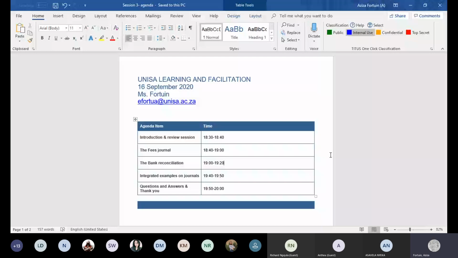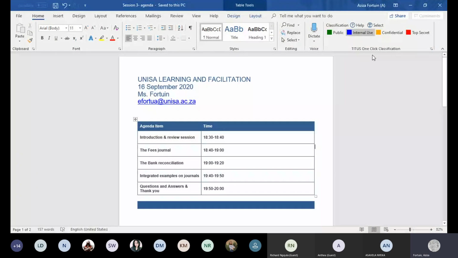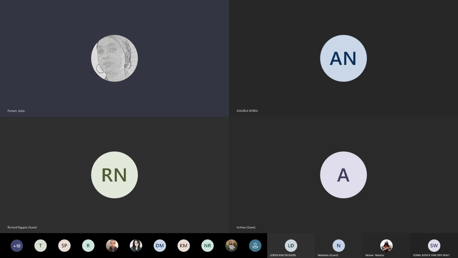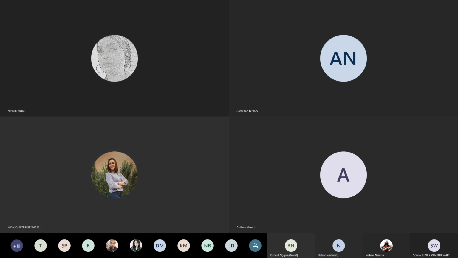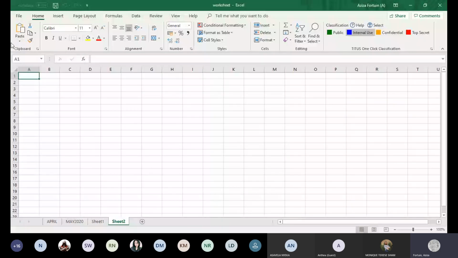Okay, so let's move to our fees journal. Let me just get a worksheet open. Okay, so let's make this a bit bigger.